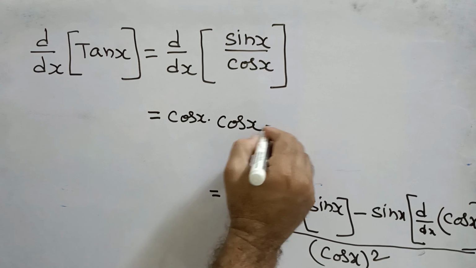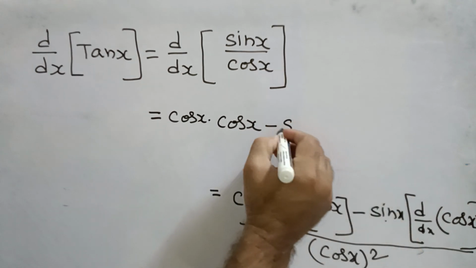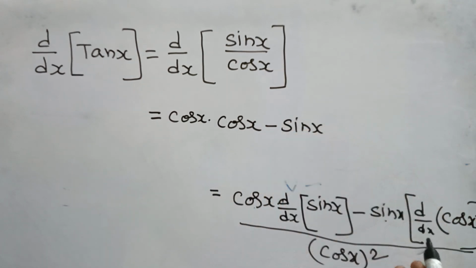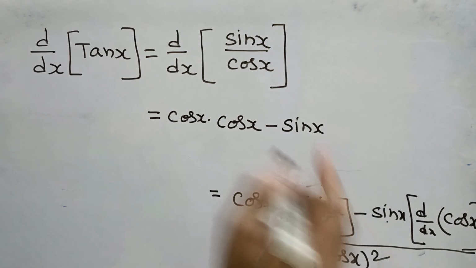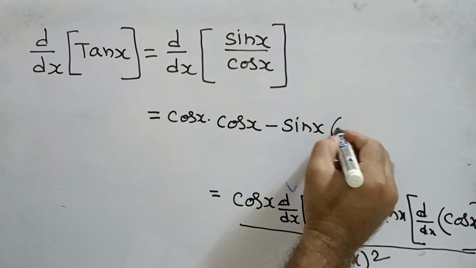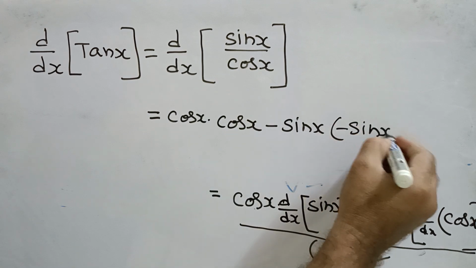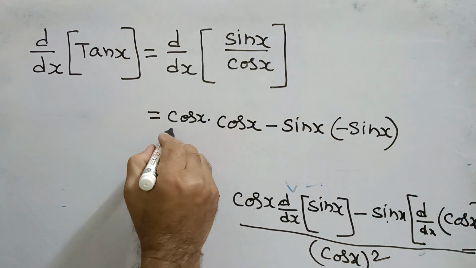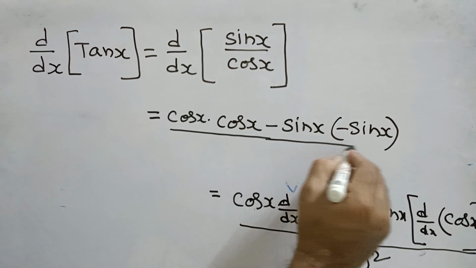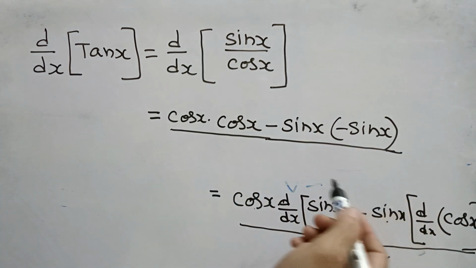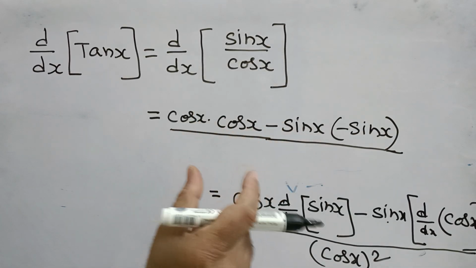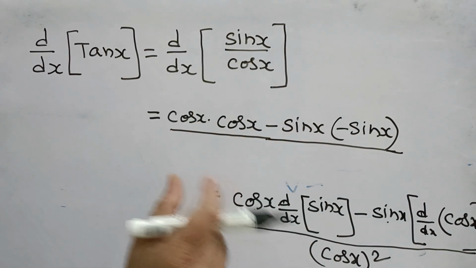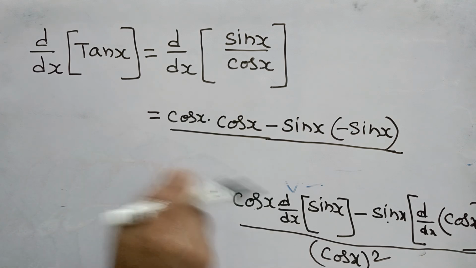Then minus, as per the formula, sin x itself. What is the d by dx of cos x? Minus sin x. It is minus sin x. So the signs are very important. Don't get confused. That is why you must write each and every step very clearly, so that you will not make any mistakes.